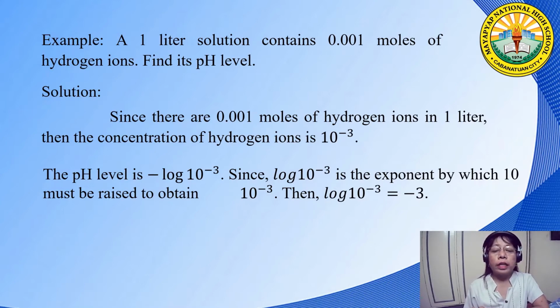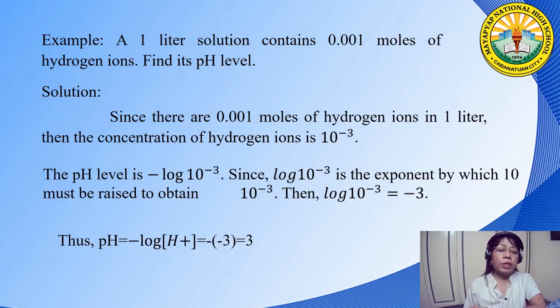Then, logarithm of 10 raised to negative 3 is equal to negative 3. So, applying the power rule, thus pH equals negative logarithm of hydrogen ions equals negative times negative 3 equals positive 3.